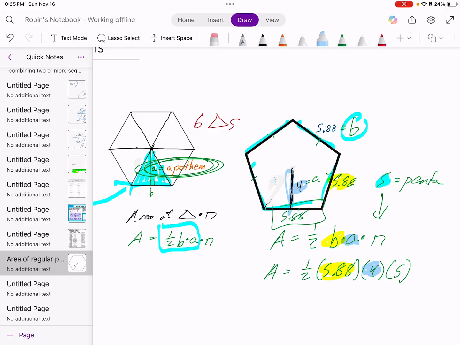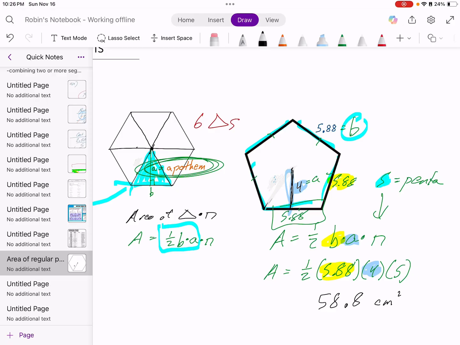So 0.5 times 5.88 times 4 times 5, I should end up with 58.8. And if you're given units, for instance, this could be like centimeters squared, something like that.